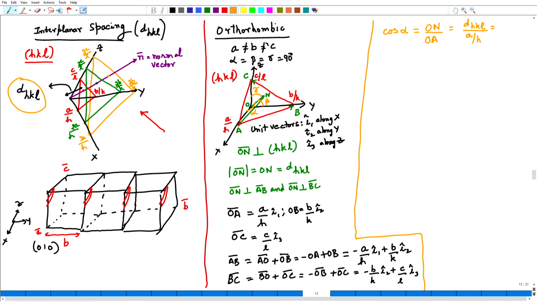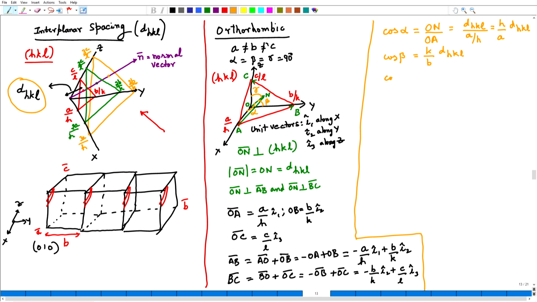Hence, this becomes h upon a times d_hkl. Similarly, for cos beta, I draw a line from B to N and form another right angle triangle, and I can write cos beta as k upon b times d_hkl.